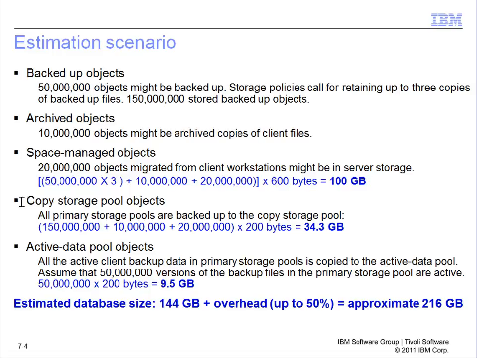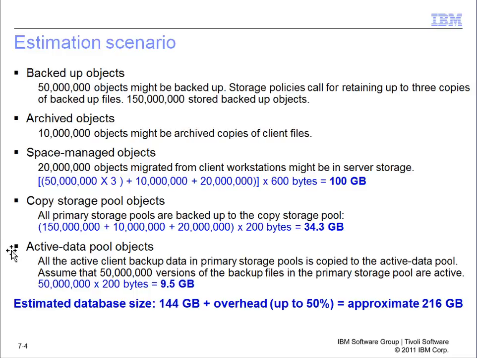For copy storage pools, we're going to use our 150 million plus 10 million plus 20 million for our backup, archive, and space managed objects, saying that there will be a copy for each, so times 200 bytes is another 34.3 gigabytes.